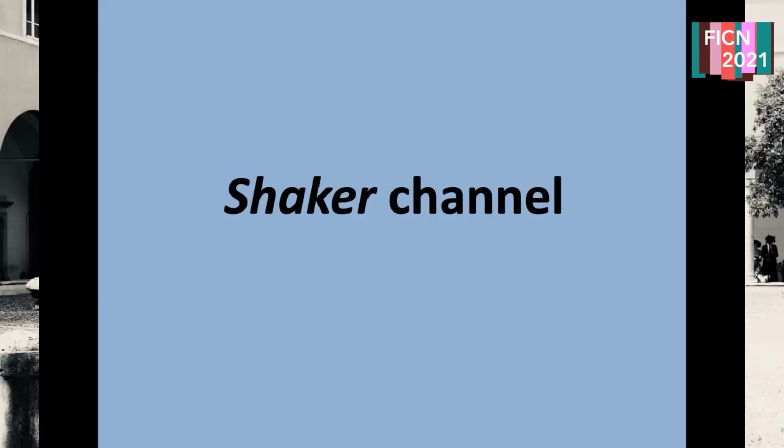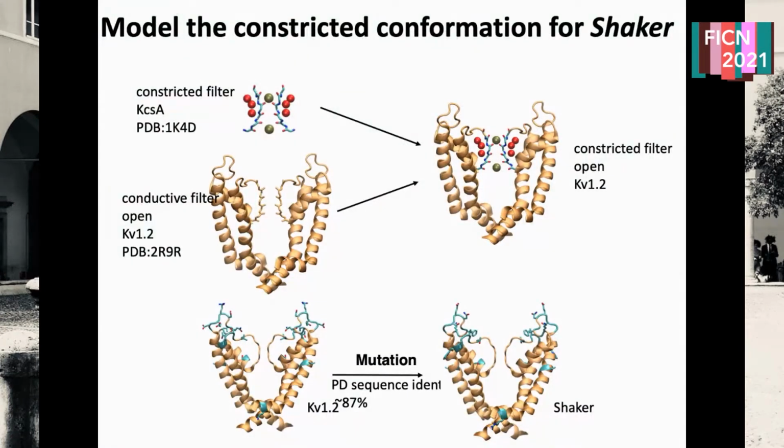And so that's encouraging. Now, going back to Shaker, the granddaddy or grandmother of all these channels where people studied inactivation, you want to know: can I account for inactivation in Shaker? Well, we don't have a crystal structure of Shaker, but there's a crystal structure of Kv1.2. And if you want to make the mutations to turn Kv1.2 into Shaker, here they are. It's just a few residues.